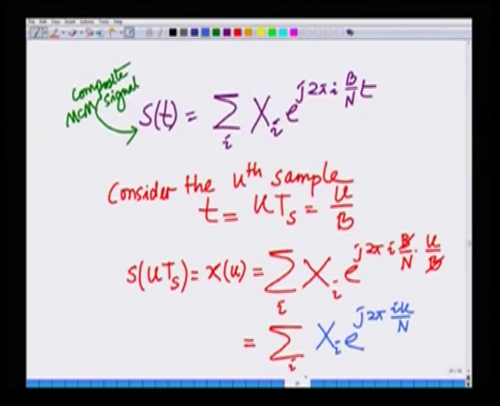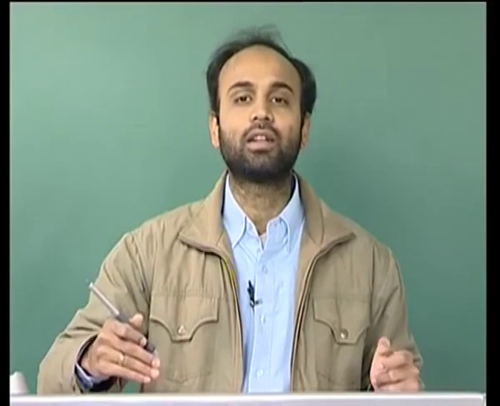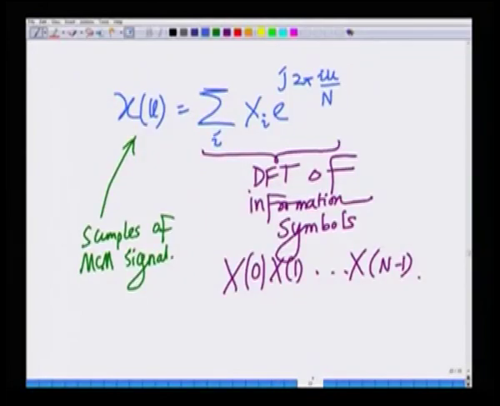Since the signal is band limited to B, instead of transmitting the signal directly, we sample it at the Nyquist rate, that is B samples per second, a sampling interval of 1 over B. We saw that the sampled signal can be generated by the IFFT, or the IDFT, of the transmission symbols.